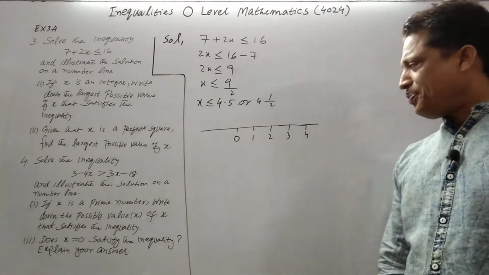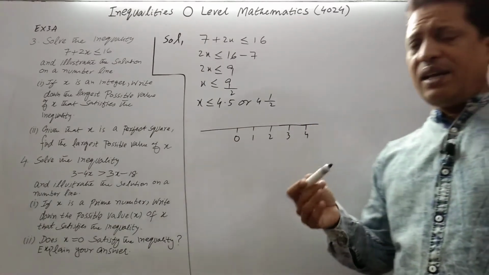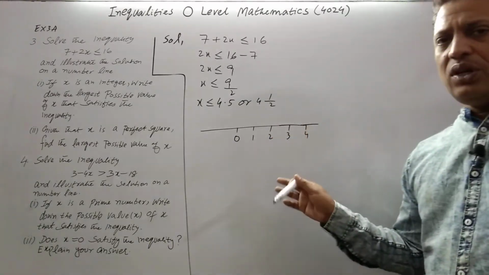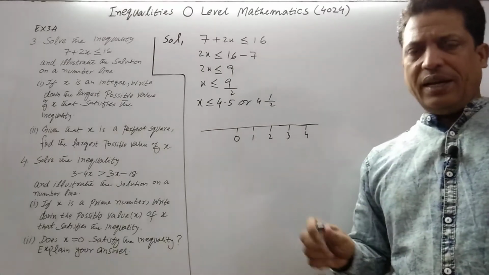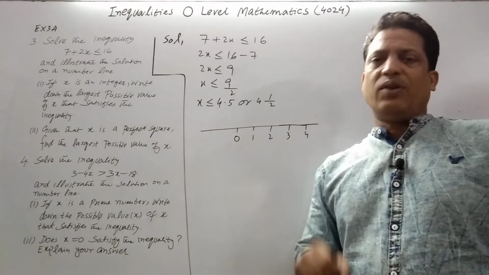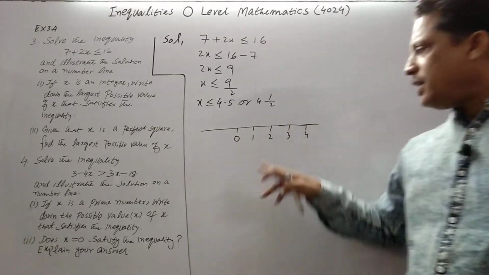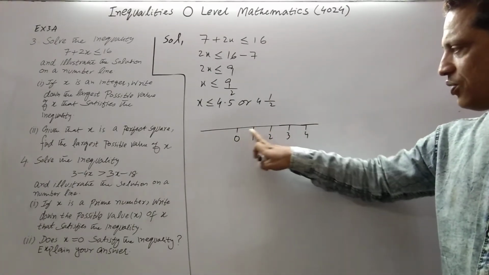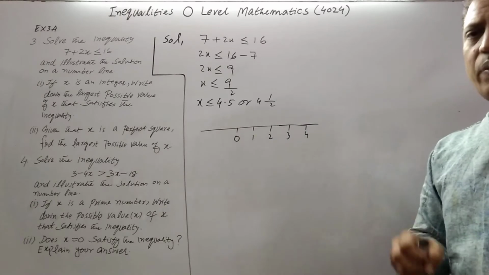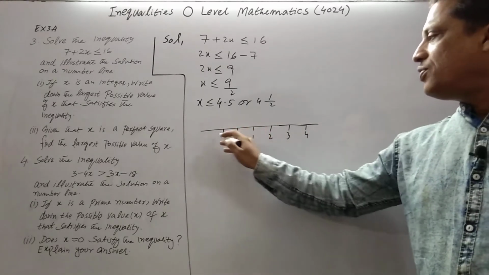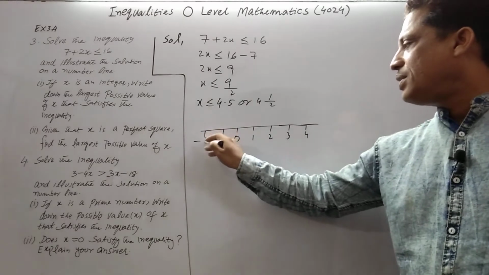Students, I am making my number line using a board marker, but I advise you to draw a number line with the help of a pencil and ruler so that the number line is clearly shown, and this interval from 0 to 1, this gap should be as same as possible. The left side of 0 is minus numbers.